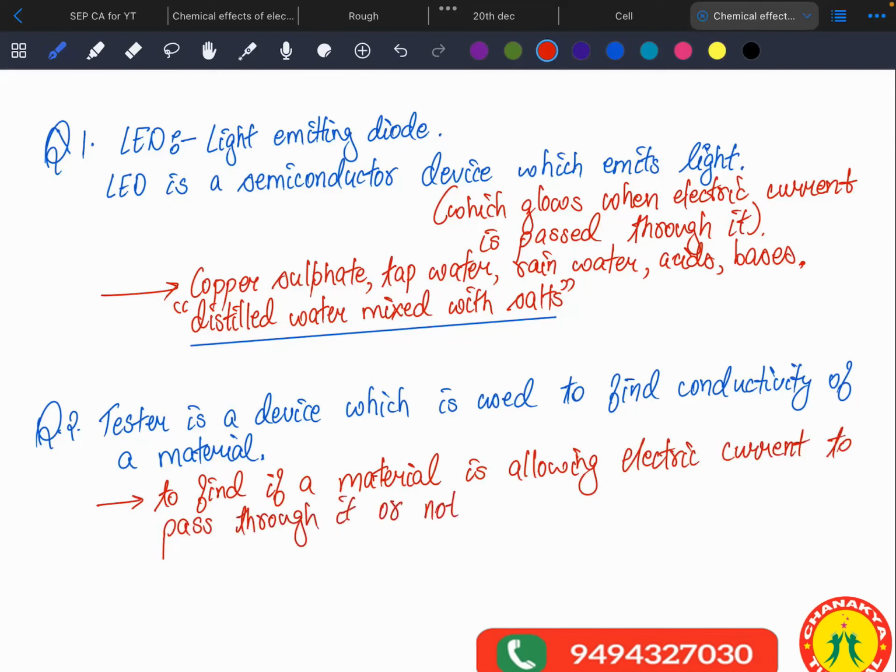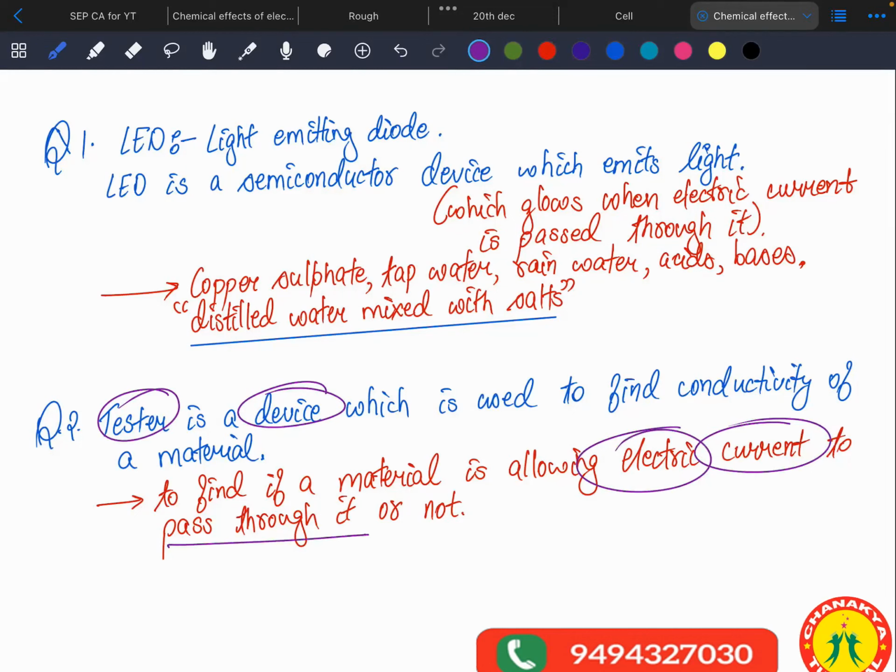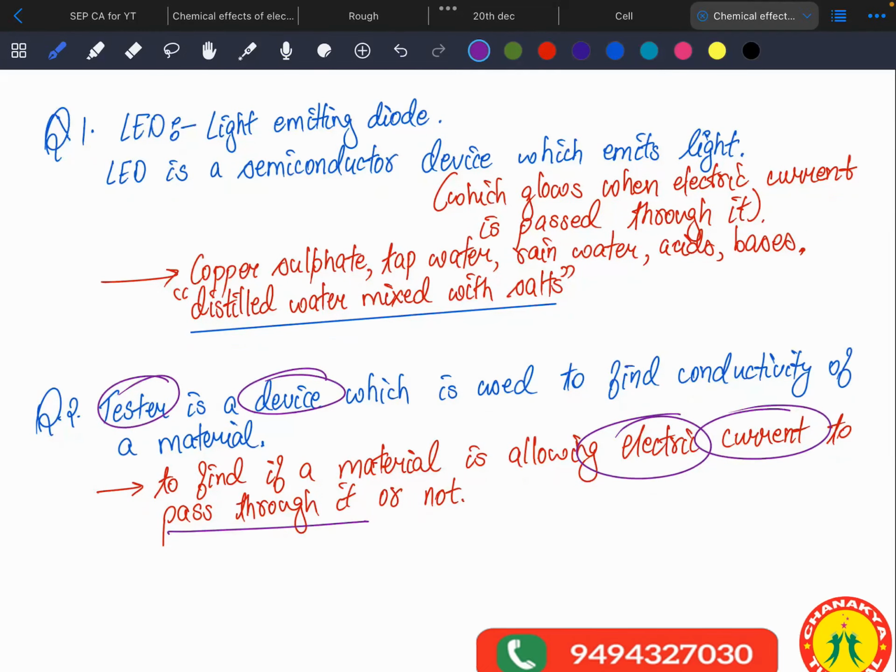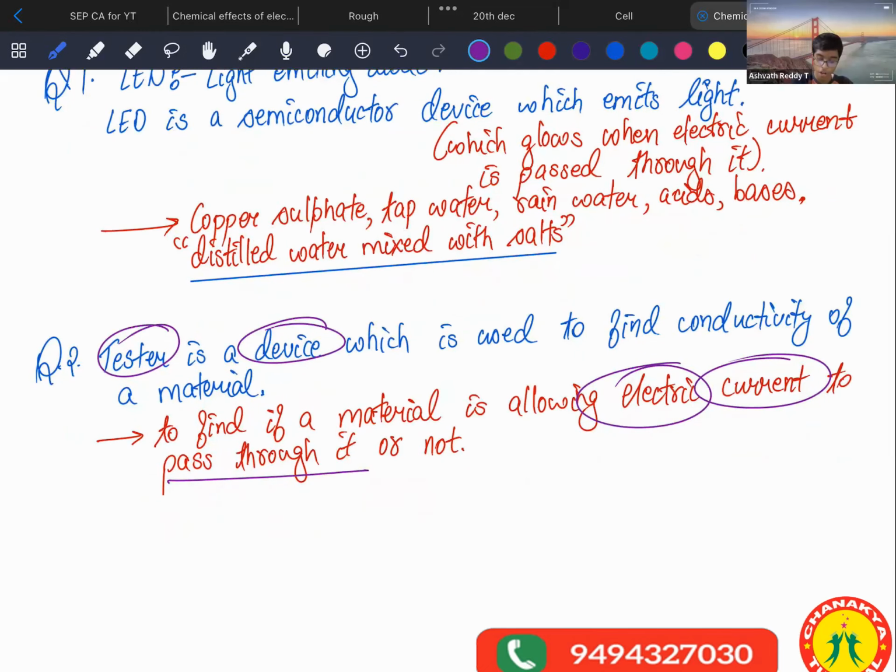If you use these specific terms, like tester, device, electric current, and whether it is allowing it or not, you can write anything in your own language and it won't be a problem. Sir, can we also write: a tester is a device used to detect passage of electric current by checking the conductivity of a material? Perfect, it is also good.